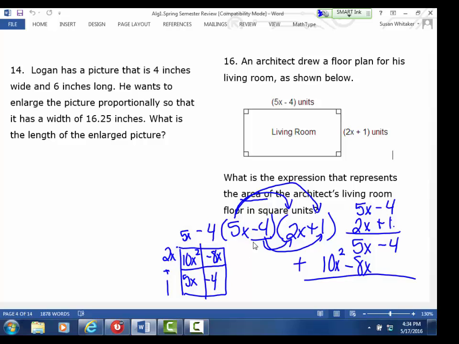Regardless of the method you use, your answer would be 10x squared minus 3x, because these being like terms, negative 8 plus 5, you're going to get minus 3x, and then the minus 4.